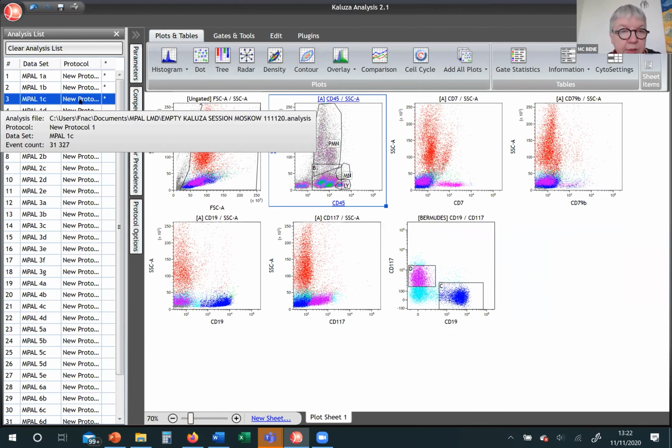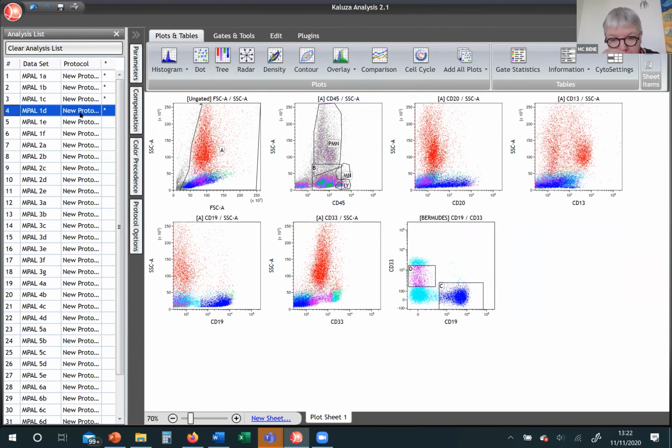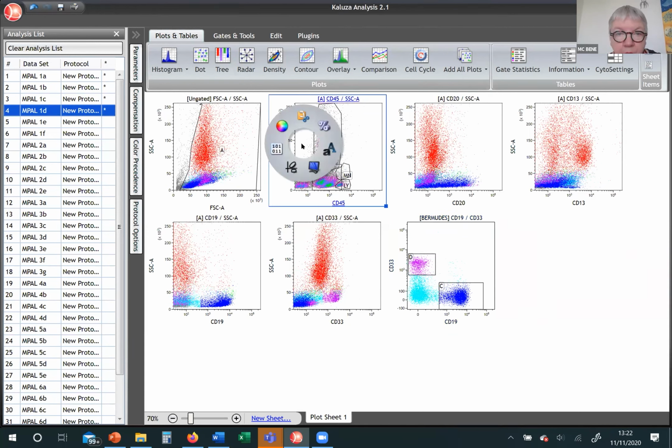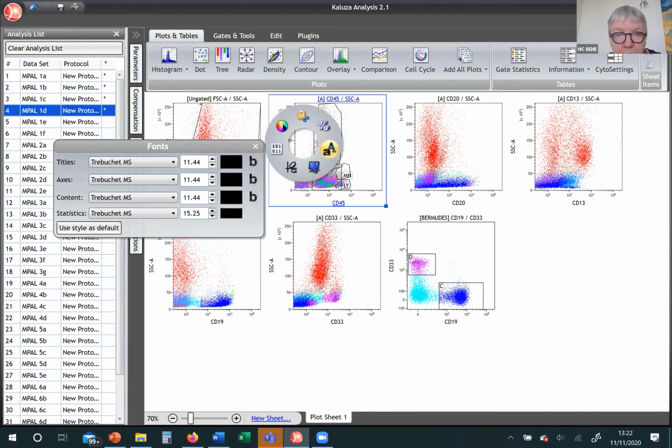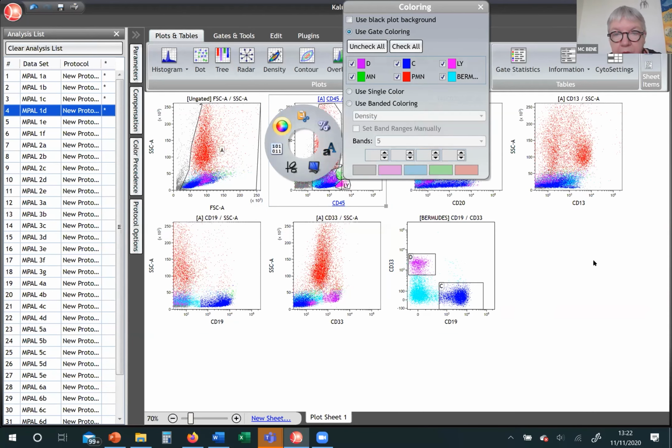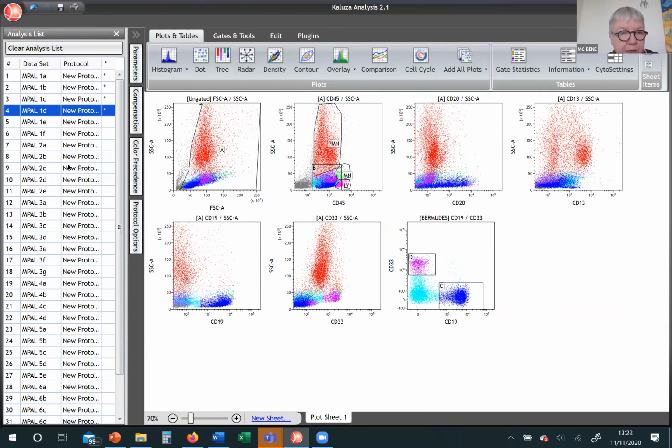I can go and look at whether there are other markers. And here I find out again that CD19 and CD33 are in these two different populations, these two different clones. What I want to do is go back, and then you see again that these are two different populations.